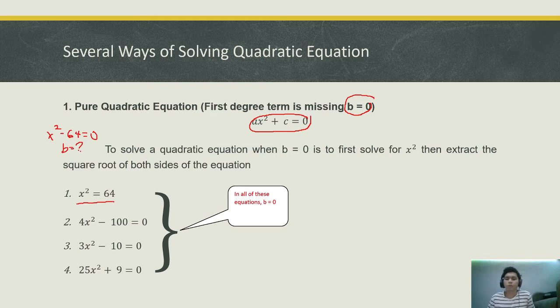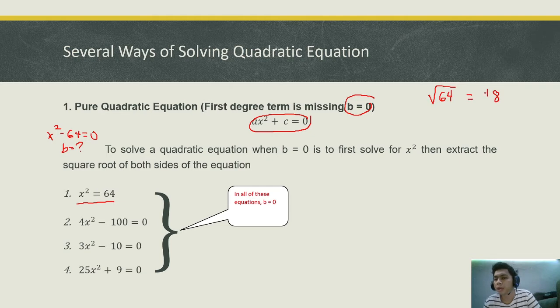So to solve the quadratic equation when b is equal to 0, first solve for x squared, then extract the square root of both sides of the equation. Remember, the square root of a number is positive and negative. Always remember that, because usually when we are asked about the square root of 64, the student's automatic answer is 8.